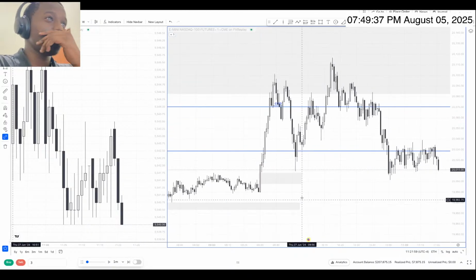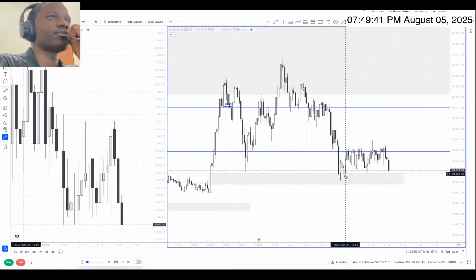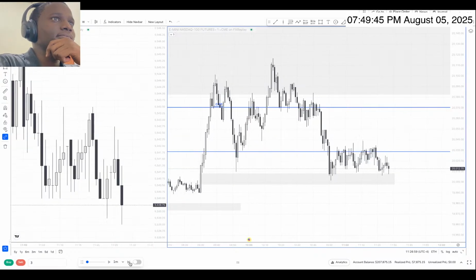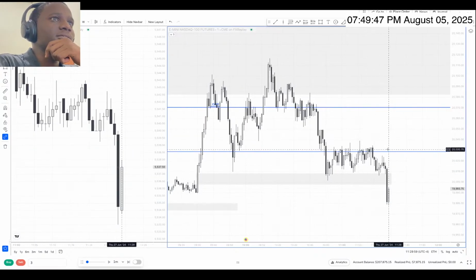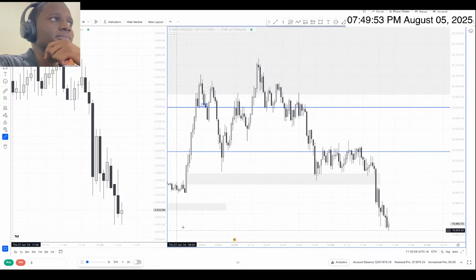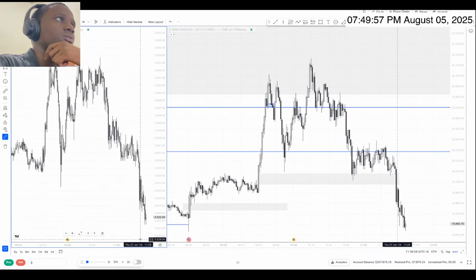So here it looks like the market is still rejecting this first presented fair value gap. And we break through it at 1128, creating a very nice fair value gap.